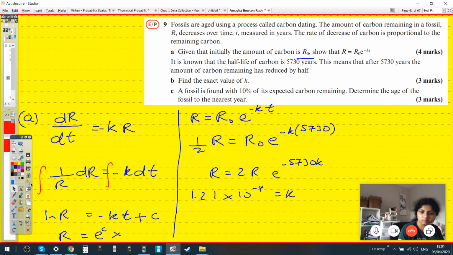Why don't I always check your stuff? So you got part A, didn't you? No, I didn't get C, because you said that R0 was equal to e to the power of C, so I didn't find what C was, I think.